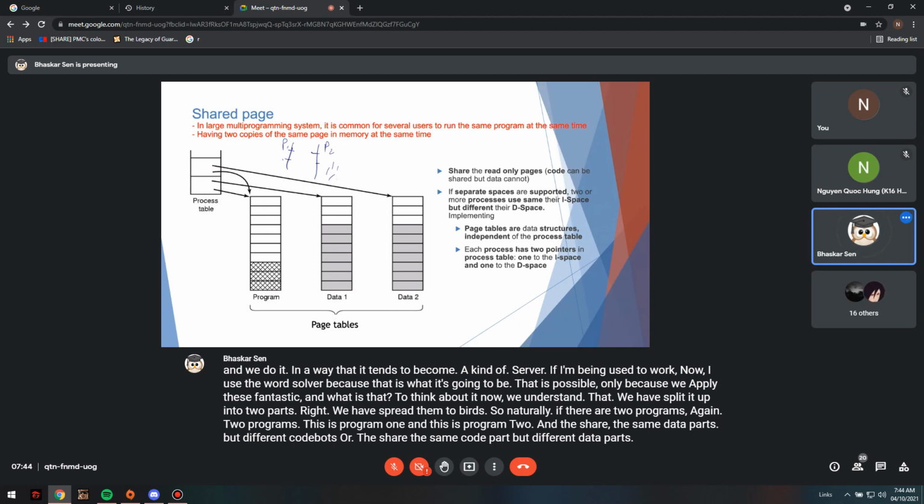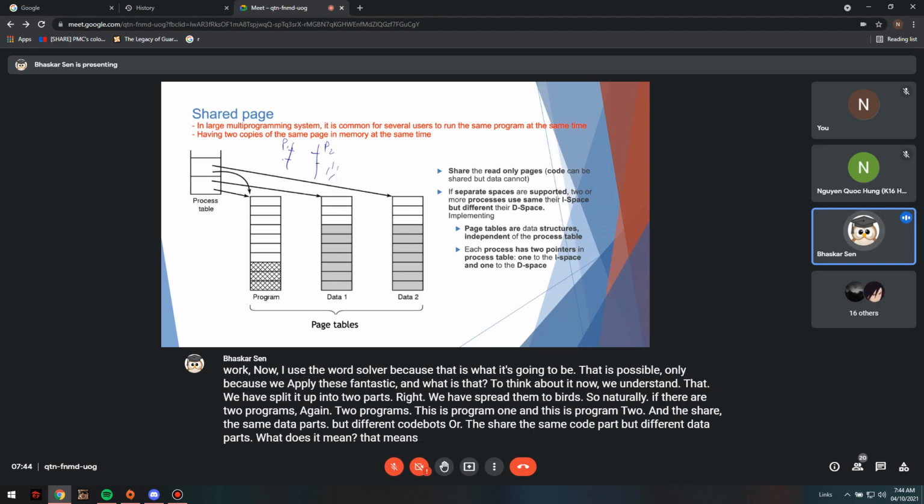What does it mean? That means now we don't have to load them multiple times.